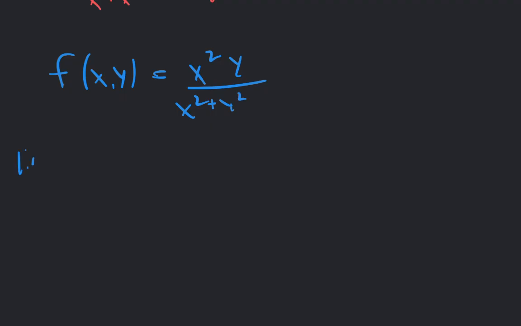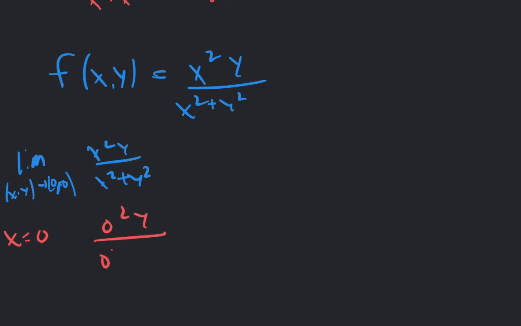And let's say we want to find the limit as x, y approaches 0, 0 of x squared y over x squared plus y squared. First, let's try along the path x is equal to 0. So that gives us 0 squared y over 0 squared plus y squared, which is just 0 over y squared, or 0.